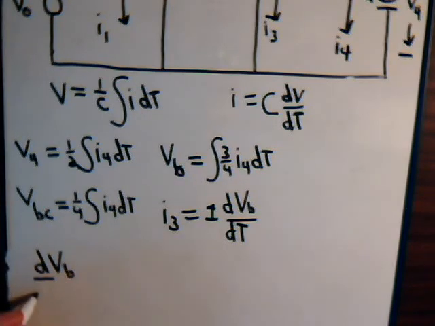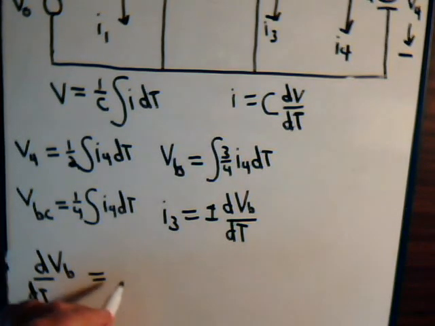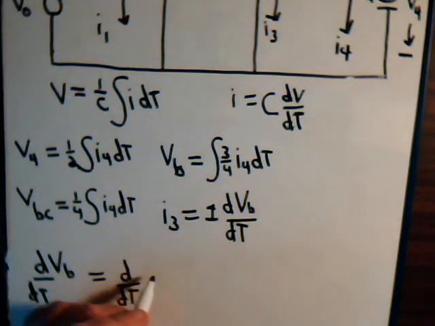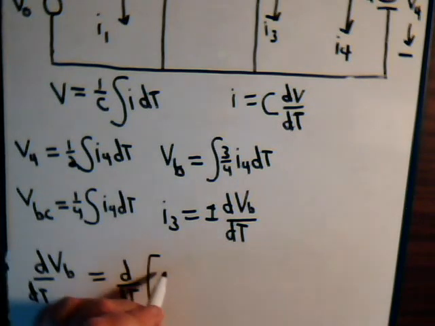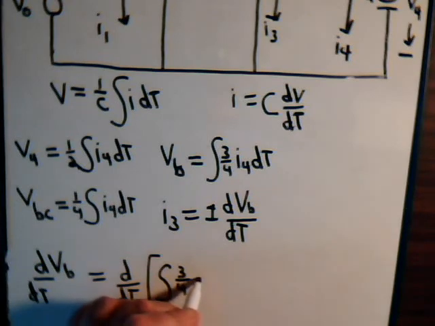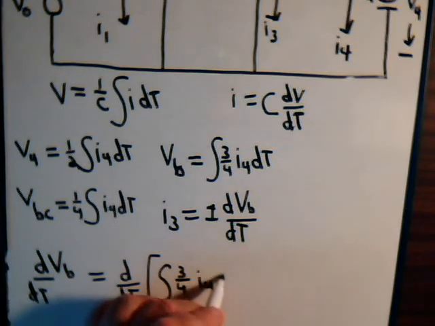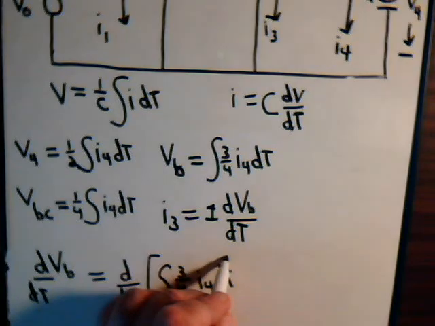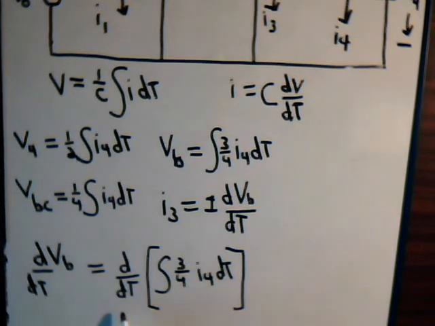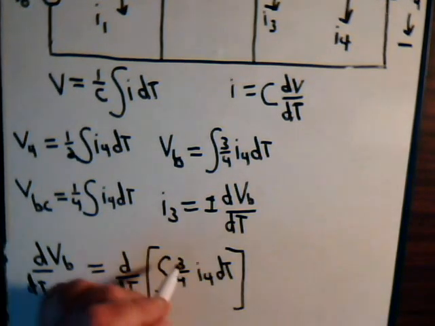And VB is this. So dVB/dt, that derivative, will equal d/dt of the integral of 3/4 times I4 dt. And the derivative of any integral just gives us what's inside the integral.